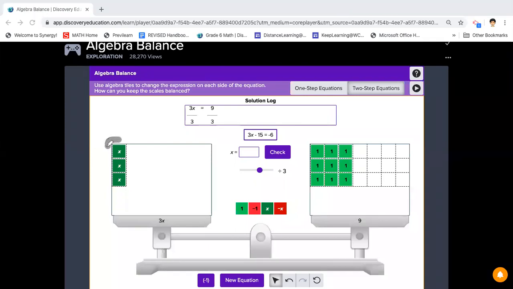The groups I have created is to show 1x is equal to a group of 3. This is the solution to my equation.